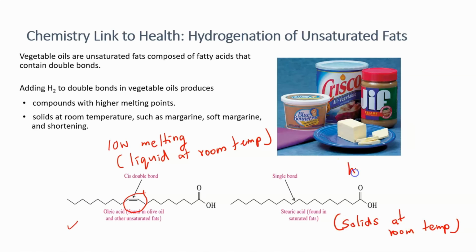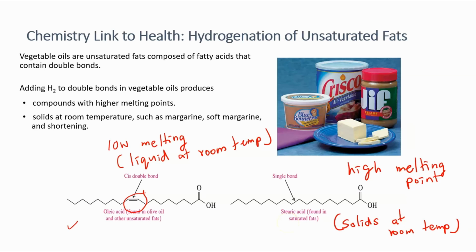They have a high melting point. So this is the difference between saturated versus unsaturated fats. In the production of margarine, these hydrogenation reactions are applied.